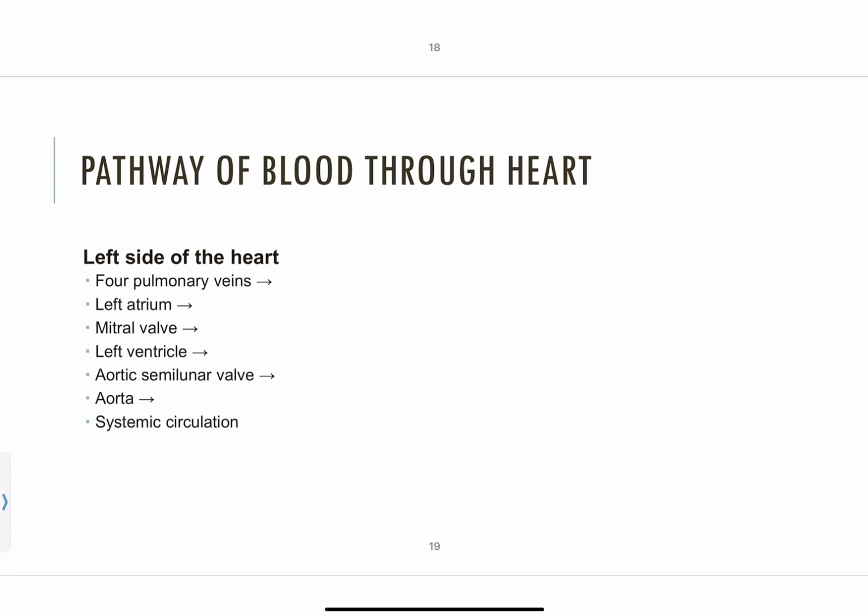The mitral valve hangs loosely open, so as it comes into the left atria, it's going to flow through the mitral valve and dump into the left ventricle. Once our left ventricle contracts, it's going to close the mitral valve and open the aortic semilunar valve, which is going to send this high-level oxygenated blood out through the aorta and out to our systemic circulation and tissues.